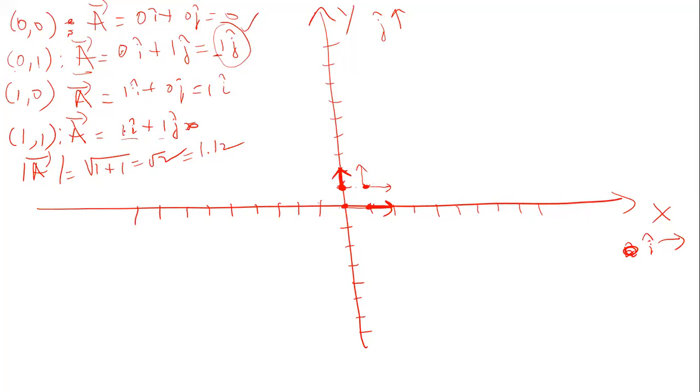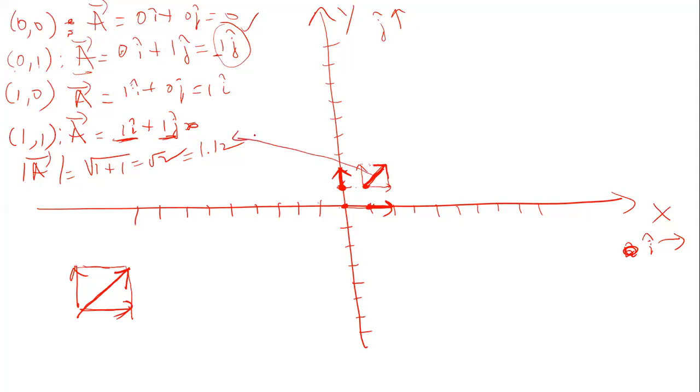If you consider the addition of these two vectors 1i and 1j, according to the rectangular law of vector addition, when you have one vector here and another vector here and construct a rectangle, the resultant vector is the diagonal. So if you have the vector 1i plus 1j, the resultant vector will point something like this, and its magnitude will be about 1.41 or something like that.